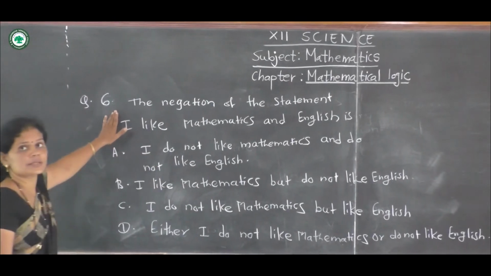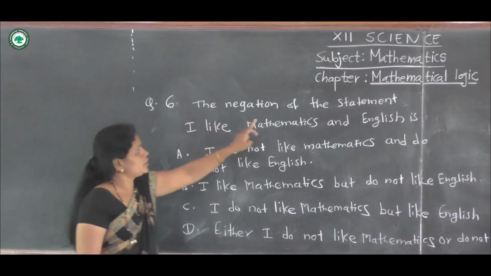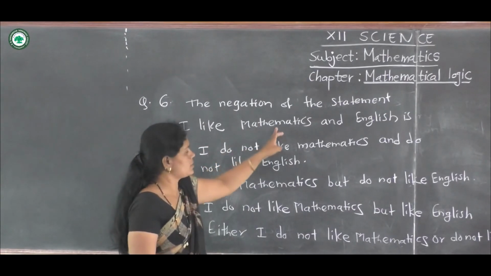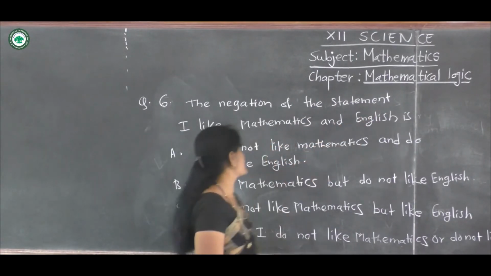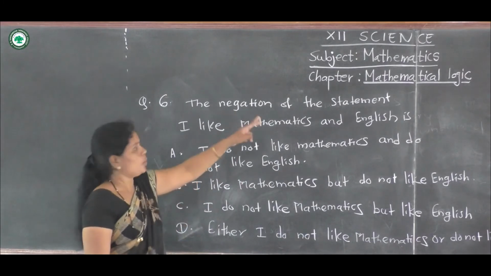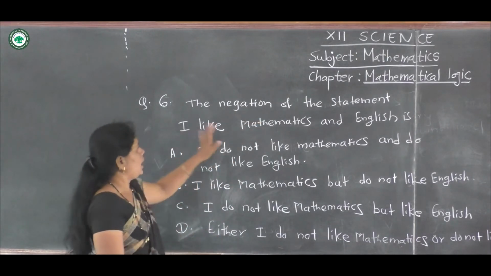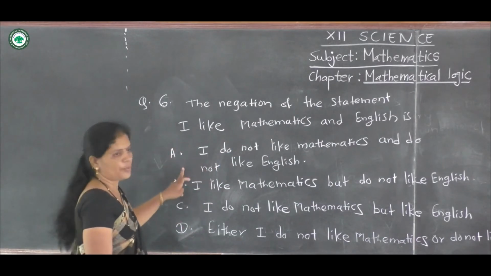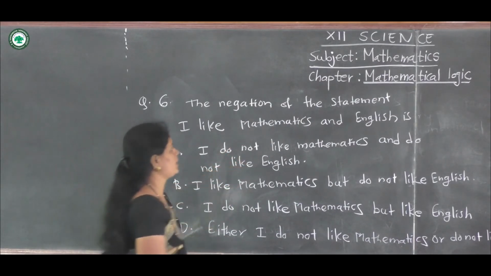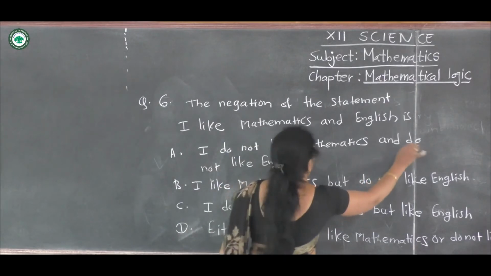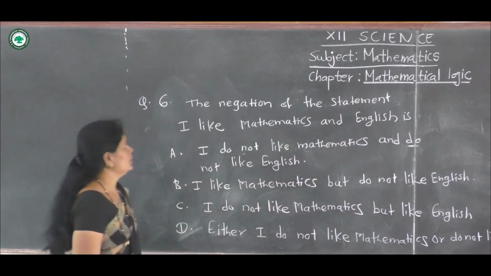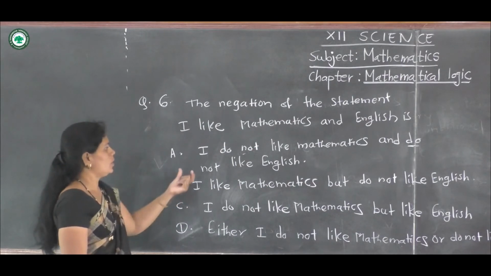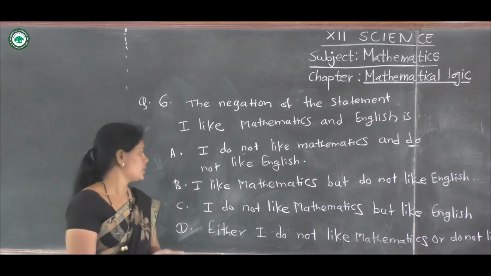Question number 6. The negation of the statement 'I like mathematics and English' is. First option, I do not like mathematics and do not like English.